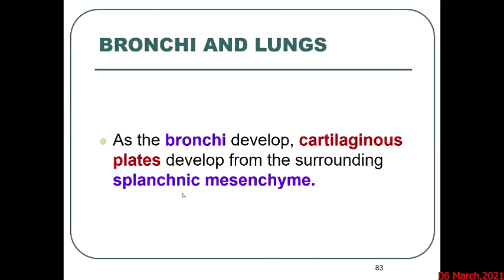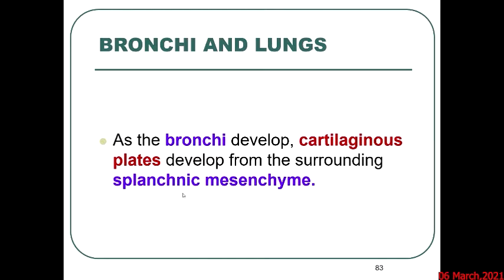As the bronchi develop, cartilaginous plates develop from the surrounding splanchnic mesoderm. Everything comes from splanchnic mesoderm. In the bronchi, it's not like the trachea that there are C-shaped cartilages. কি থাকে এখানে? What lies here?